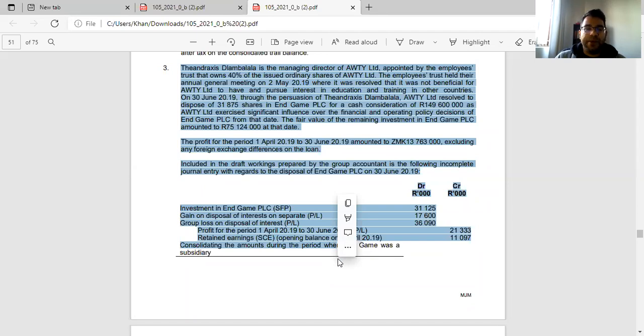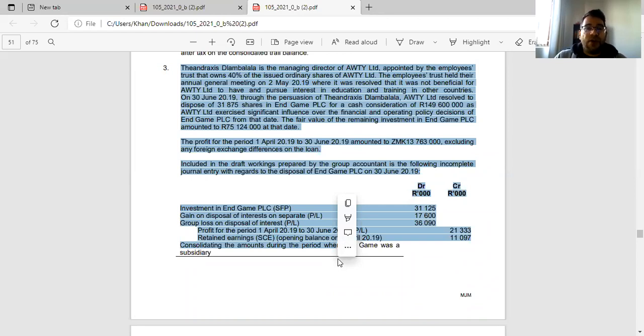Now, remember what is happening. In part A, when we did the question, we needed to do the equity section of the statement of financial position as at 31 March 2019. That's the end of a financial year.